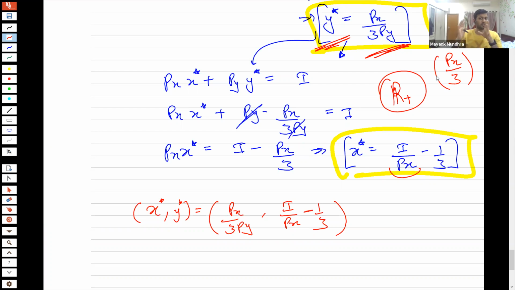Suppose Px is 300 rupees. So you want to spend 300 by 3, that is 100 bucks, on good Y. That is your expenditure on good Y. But what if your actual income is just 50 rupees? In that case, I cannot consume the Y star amount that I'm looking for.